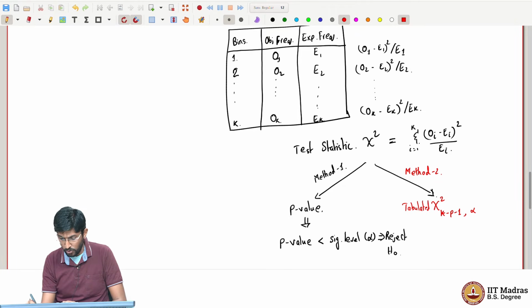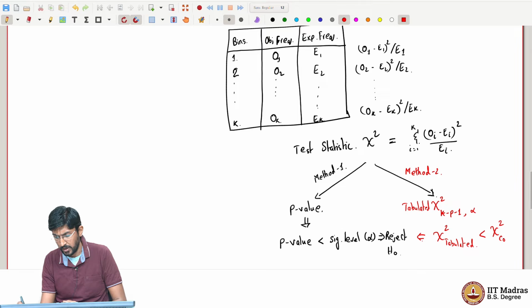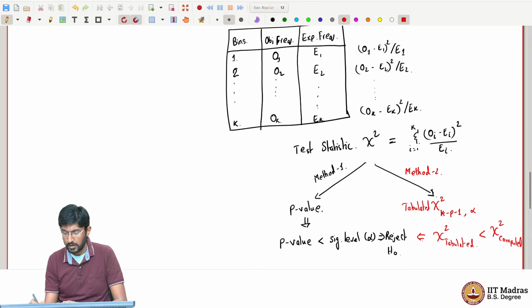And your conclusion would be to reject the null hypothesis if your chi-squared tabulated is lesser than your chi-squared computed, right? So if your chi-squared tabulated is lesser than this computed test statistic, then you will reject the null hypothesis. So that is going to be the final conclusion.